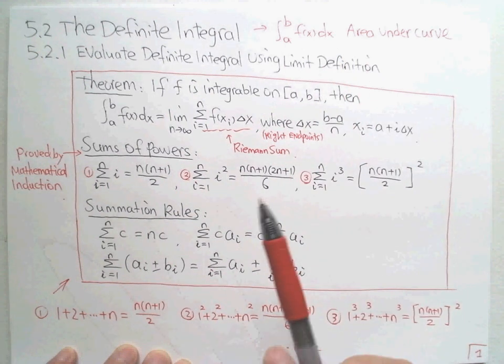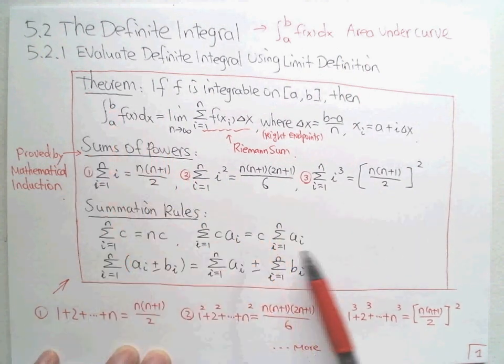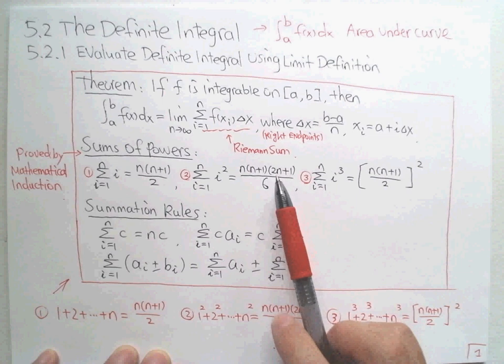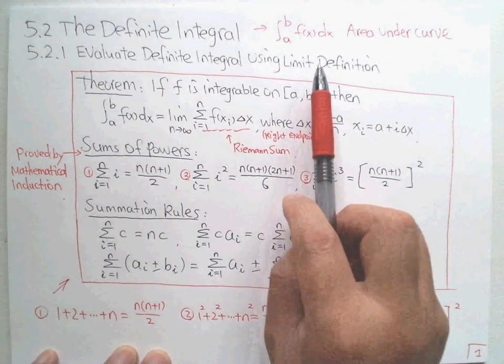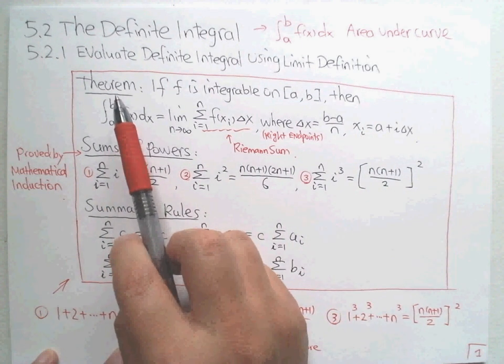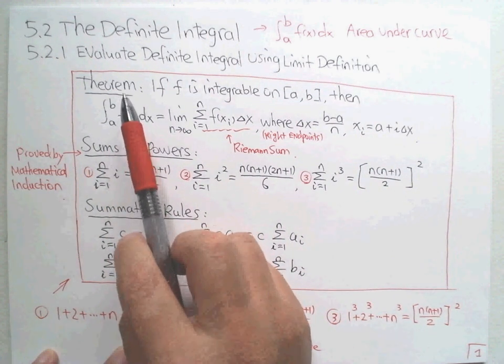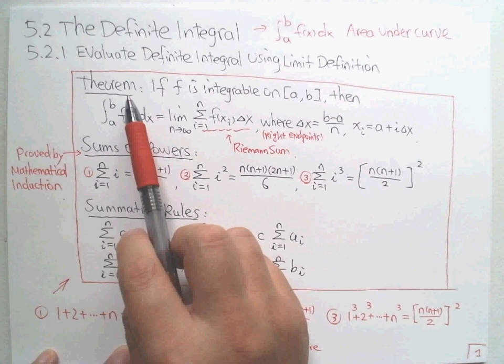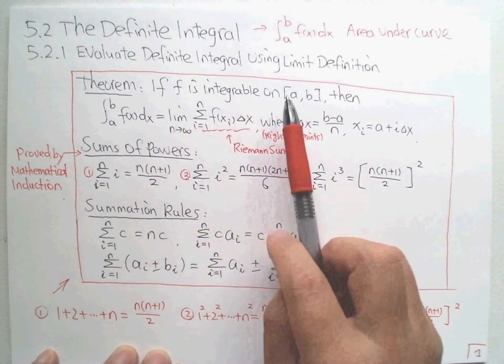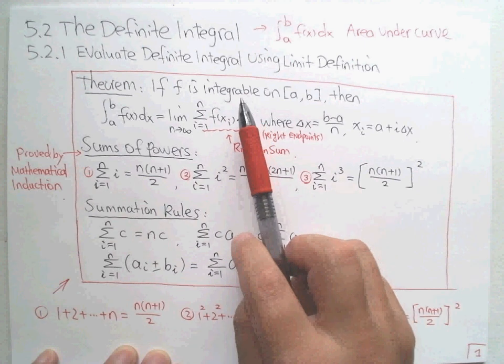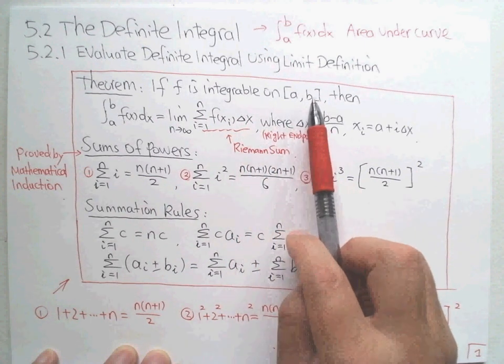First, I summarize something here, which is the most important for us to evaluate using the limit definition. We have a basic foundation, which is the theorem. If f, the function, is integrable on the interval a to b, then what is the area?